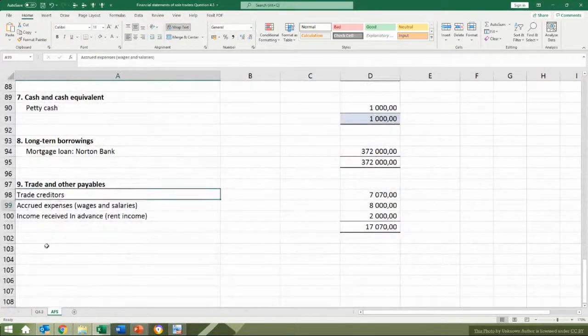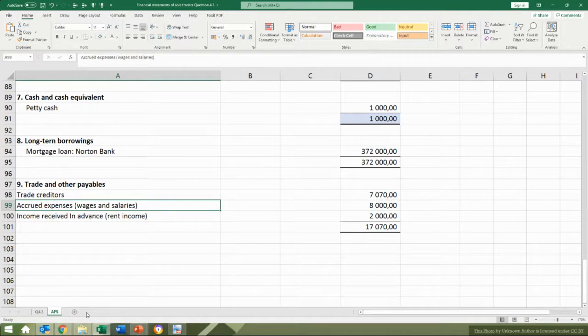Remember accrued expense. That's the liability we're creating based on the wages and salaries that we need to pay. We've actually incurred, people already worked during that month and they have provided a service, so we need to record the expense in our accounting records.